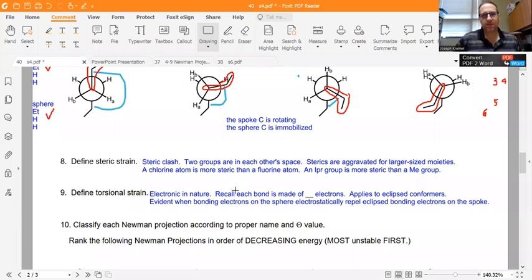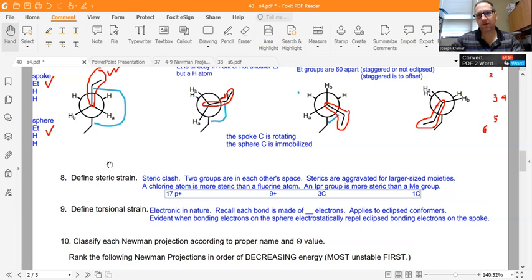A chlorine atom with 17 protons is more steric than a fluorine atom with 9 protons. Bigger in size. An isopropyl group with 3 carbons is more bulky and steric than a methyl group with 1 carbon. So steric is the bulk, is the clash.